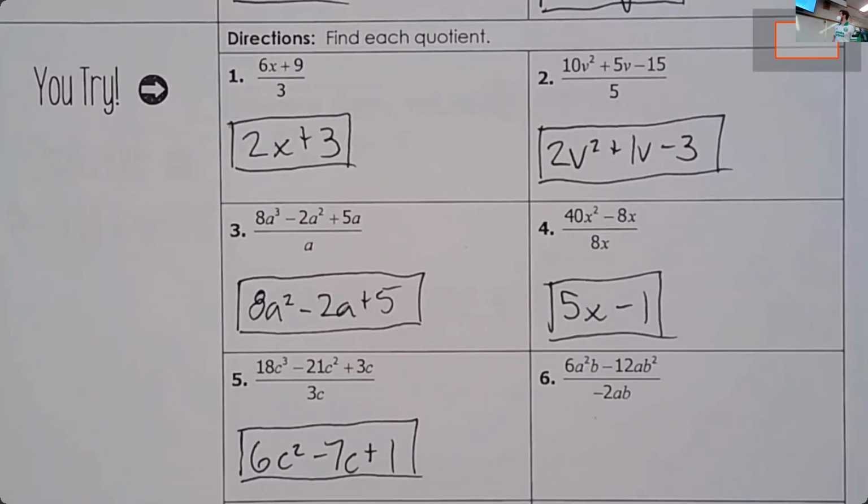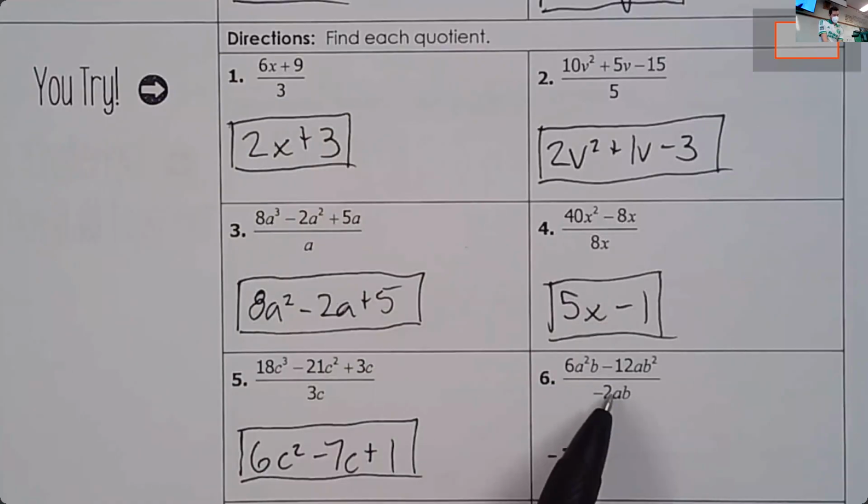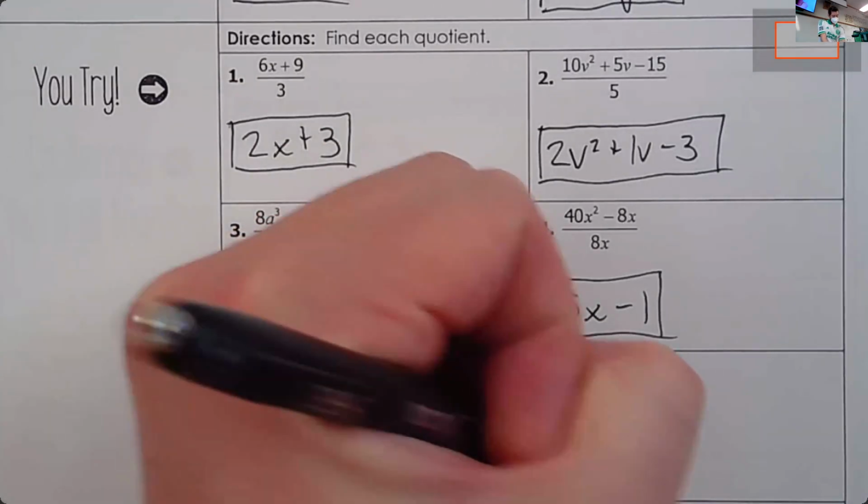Number 6. Any thoughts on that one? What is 6 divided by negative 2? Let's start there. Negative 3, all right. a squared divided by a is what? Just 1a, so a by itself.